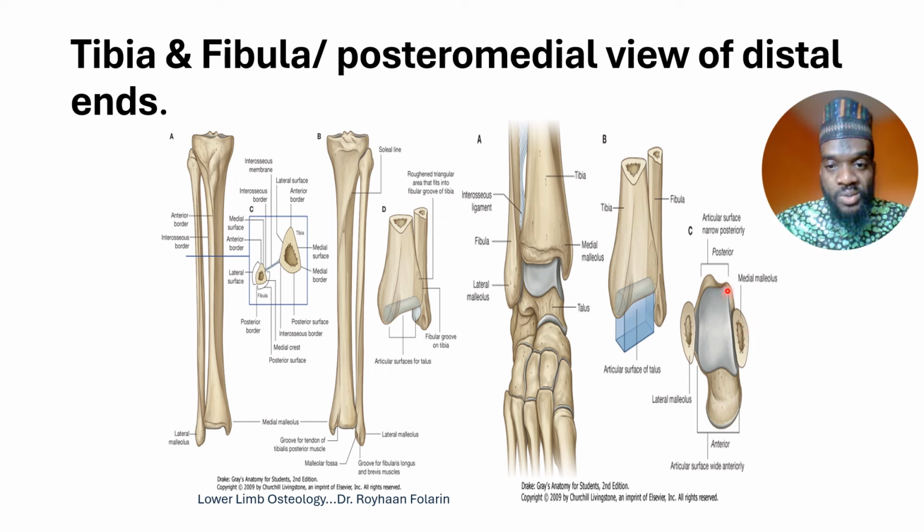Okay, so the articular surface narrows posteriorly, and here is the anterior region. So the articular surface widens anteriorly for this ankle joint, and then it tapers posteriorly. So you can see this end is wider than this end.